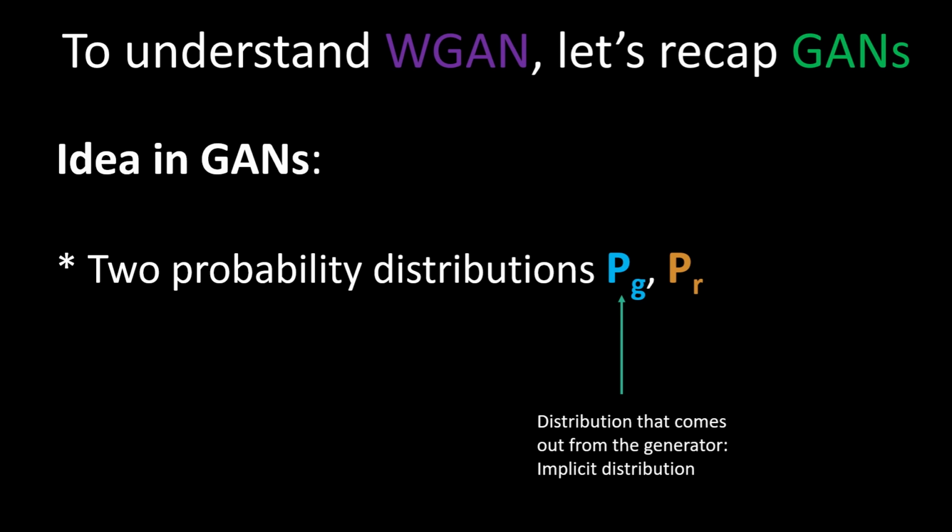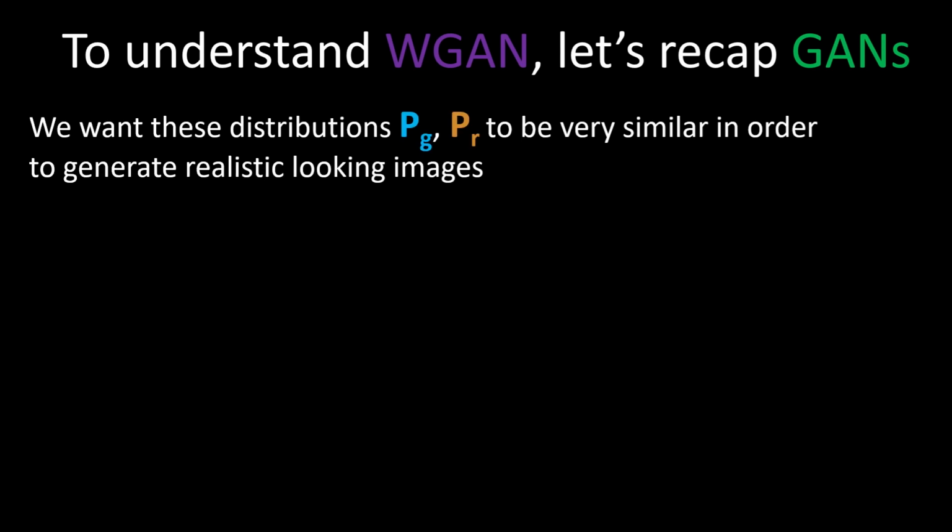So the noise goes through some network in the generator, and then the output from that is some probability distribution. Then we have PR, which is a distribution from the real images. And what we want is for these distributions, PG and PR, to be very similar. And when we've succeeded in that, we are generating realistic looking images.